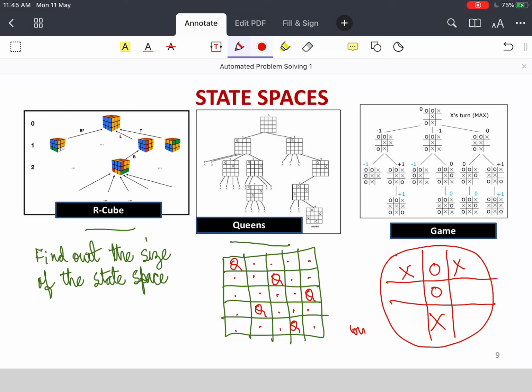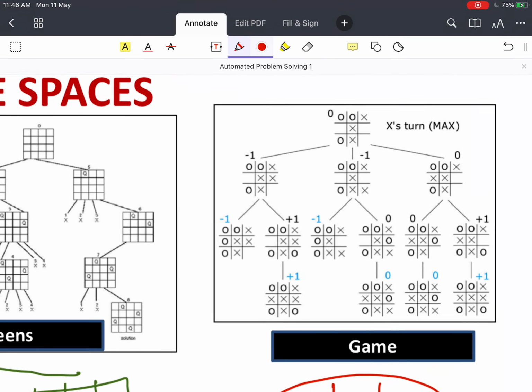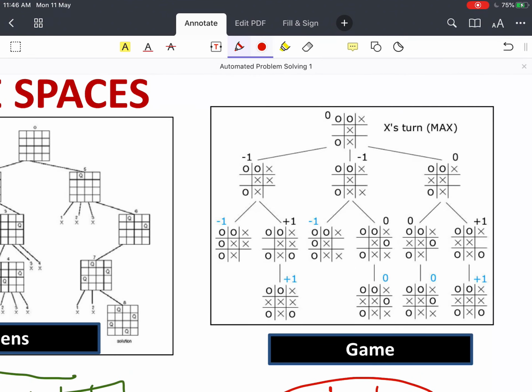We know what is a win for a player who puts X, what is a loss for a player who puts X, and we know a win for one is a loss for the other, and we also know what is a draw position. This is a famous game that we all play, and as you can see, it creates a state space of this nature. So from this configuration you can go here or here or here, and then from this configuration you can go here or here, and so on and so on.